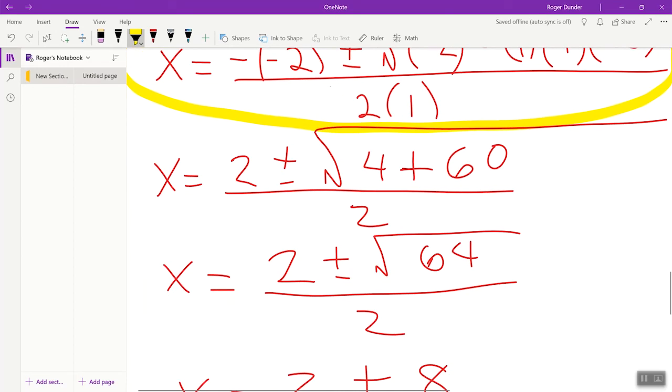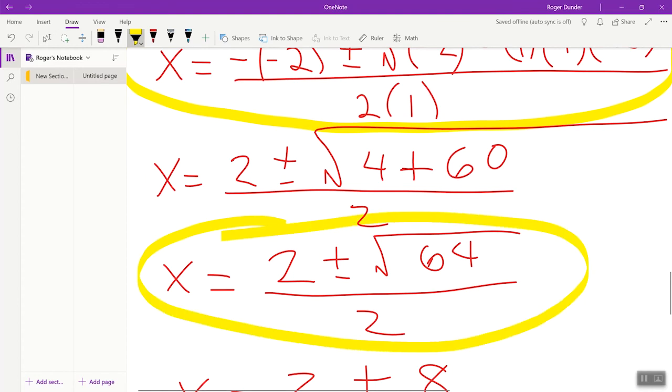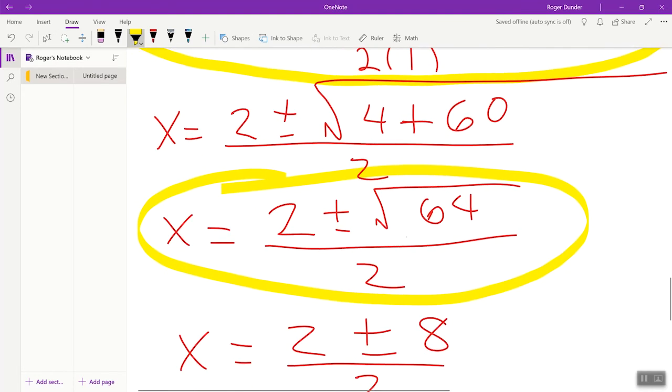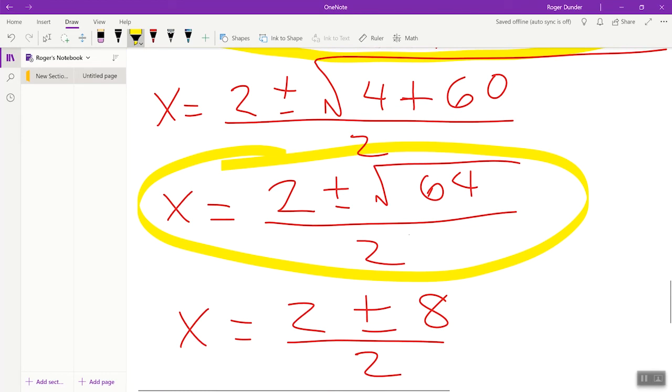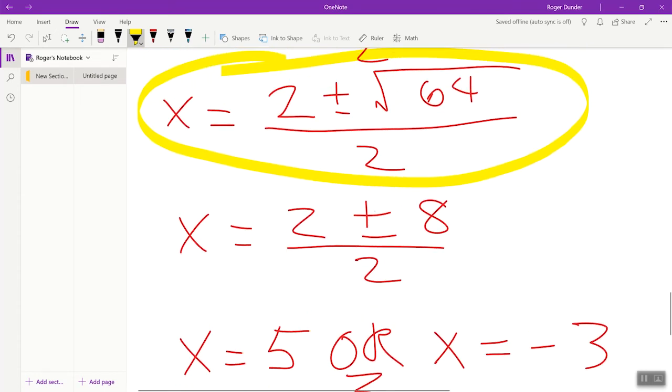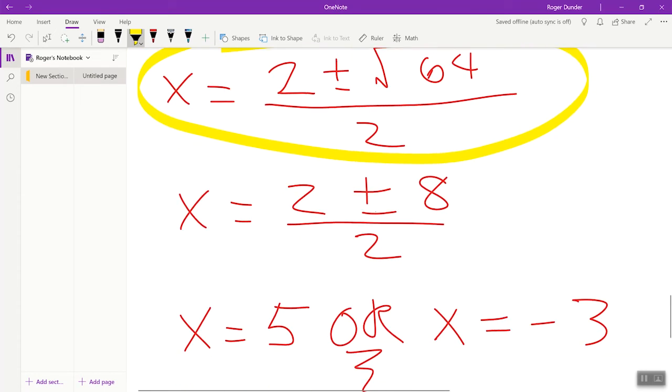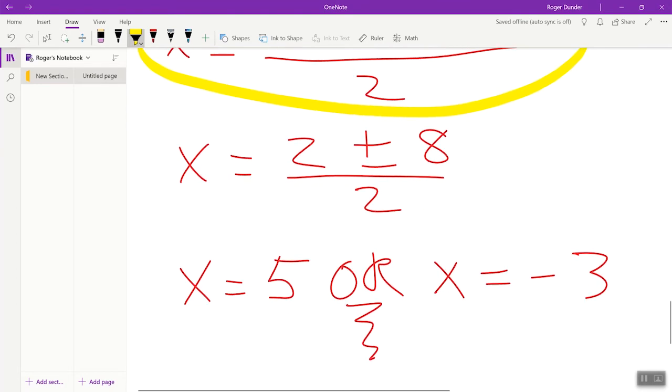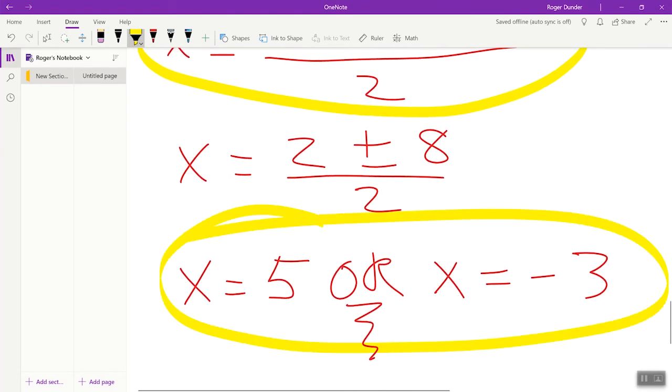Somewhere along the way, it would be good probably if you showed this step right here, because this is where you would see if you have a negative number inside the radical. And then, of course, you will definitely want to show your last step. This is going to be important, your answer.